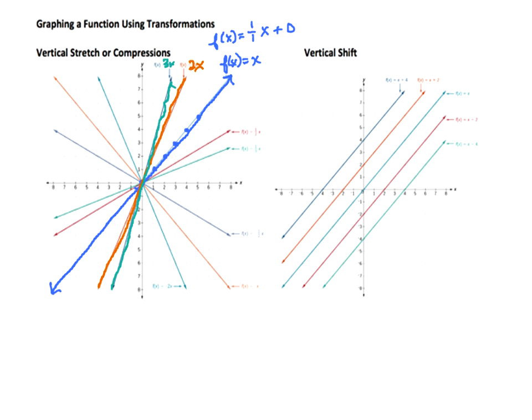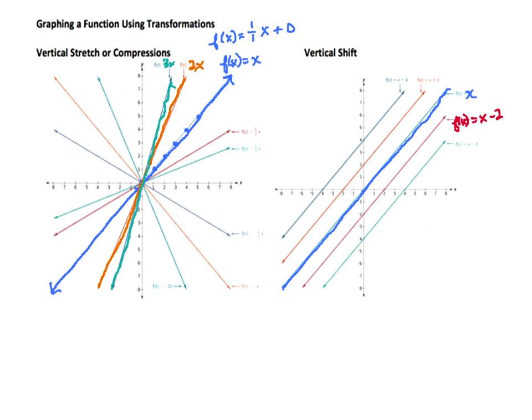Vertical shifting, notice I've got the same slant, if you will, of the line, the same slope. And just to show you, this is f of x equals x there, right here. I have not changed the slope here. This one's f of x equals x minus 2.